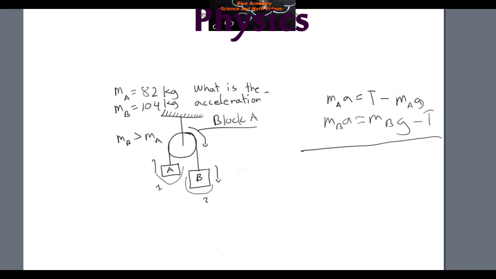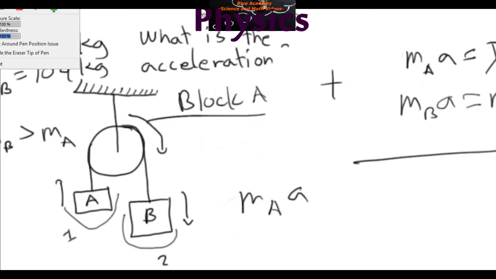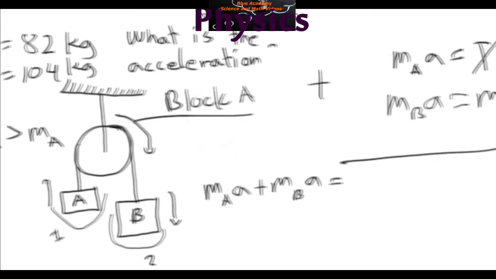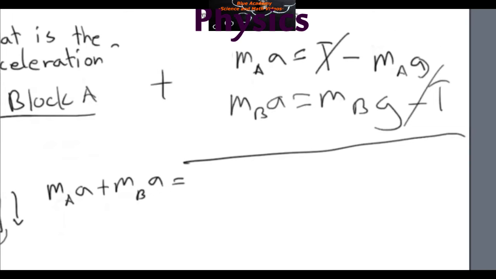So we are going to add this to the equation here, and by the way, the forces of tension are cancelled out. I'm going to zoom this in so that I can write this out more clearly and stay organized. So m_a times a plus m_b times a equals... right here, what I did is I just added the overall left side over here.